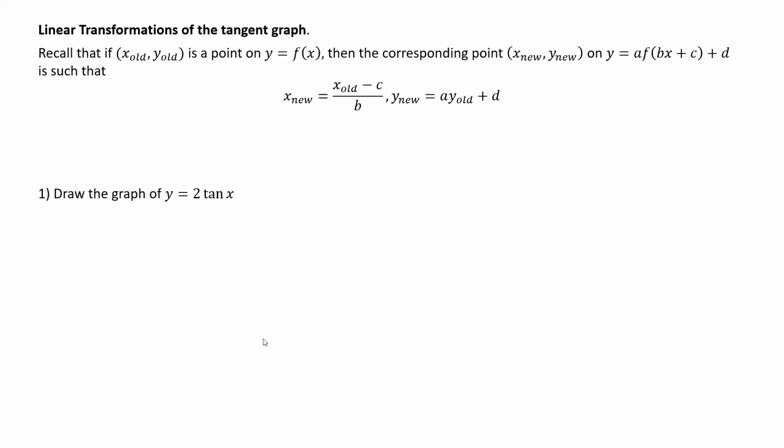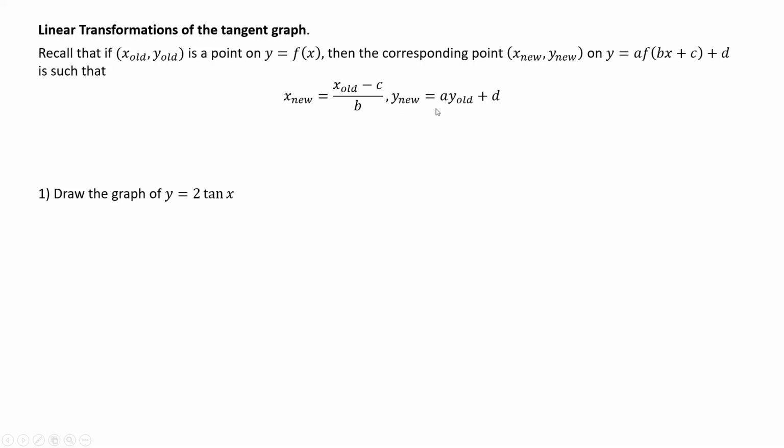So based on that, could I ask you, draw the graph of y equals 2 times tangent x? What does that do? Oh, a is 2, b is 1, c is 0, d is 0. What does a being equal to 2 do to this one? Since d is 0, 2 times y old is what y new is. x is not affected at all.